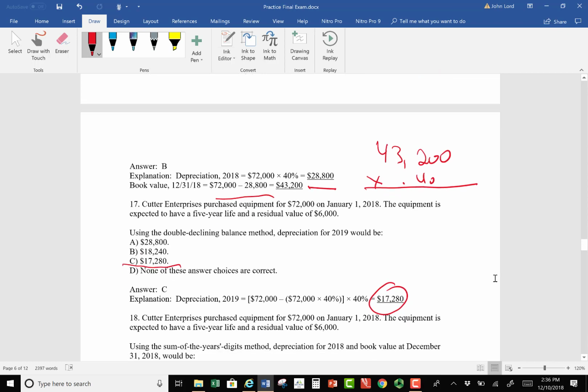And so for all these problems on our test, we're just going to assume it's the 40% that you're using? No, it is not always 40%. 1 divided by 5 is 20% times 2. If the asset has a 4-year life, it'd be 1 divided by 4 equals 25% times 2 is 50%, right? And I react that way because I had a TA at Berkeley. Everybody wants to talk to the TA.